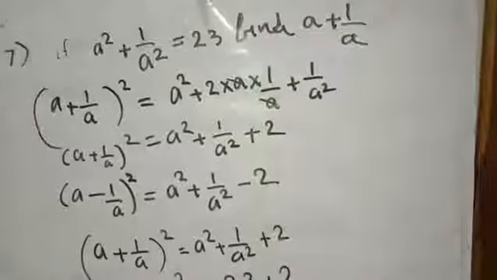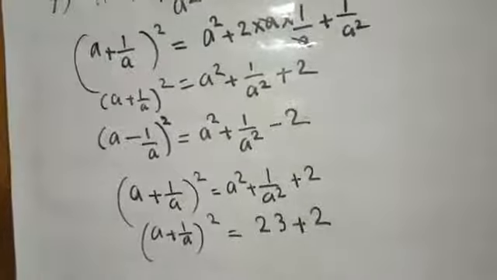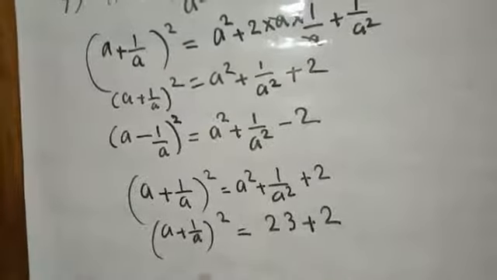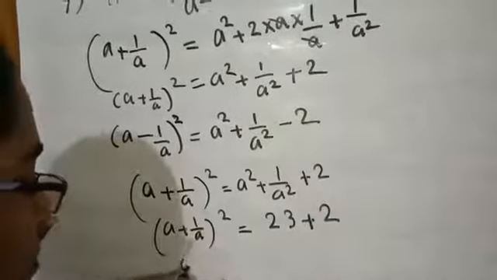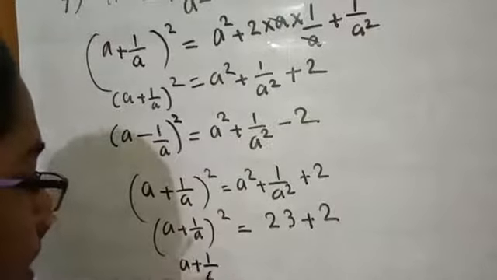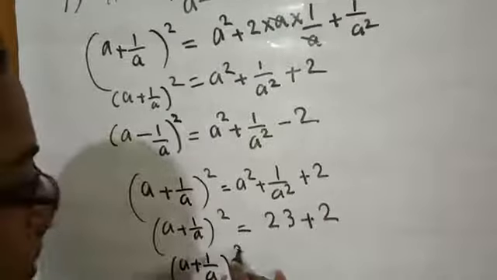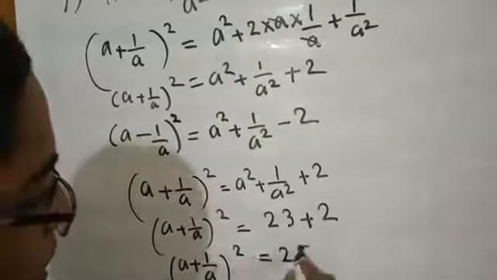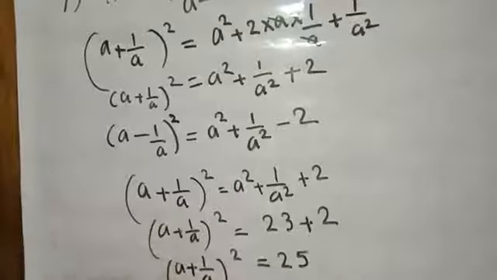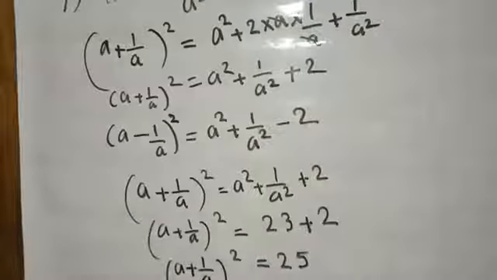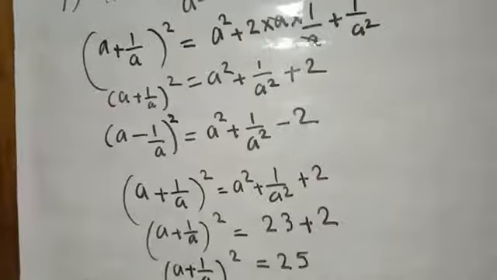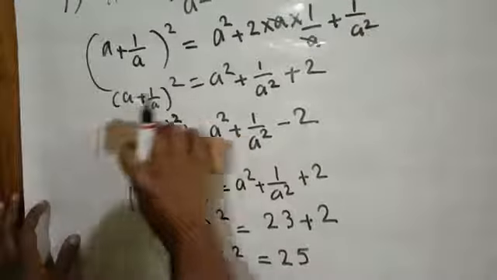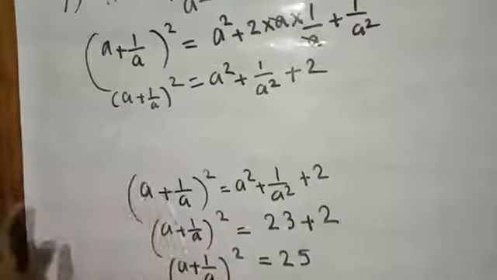What is 23 plus 2? 25. So a plus 1 by a the whole square is equal to 25. Okay, the second one we needed, no need of this one, only the first one we needed. No need of that equation.